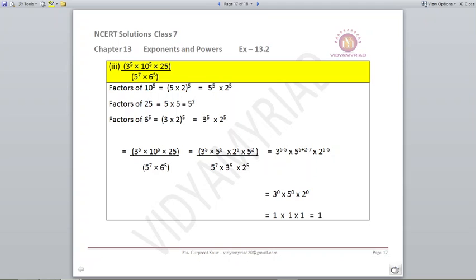So 3 raised to power 5 minus 5 multiplied by 5 raised to power 5 plus 2 minus 7 and 2 raised to power 5 minus 5. Everything coming as 0. So 3 raised to power 0 multiplied by 5 raised to power 0 multiplied by 2 raised to power 0. Anything raised to power 0 is 1. So 1 into 1 into 1 gives you 1.